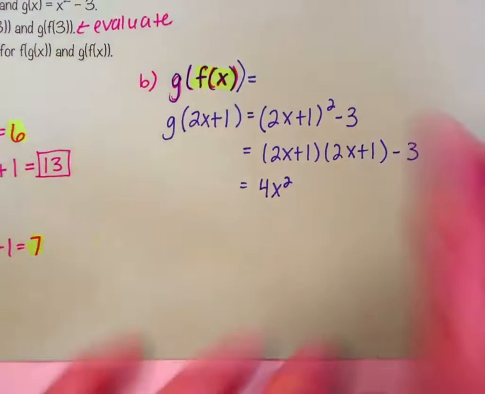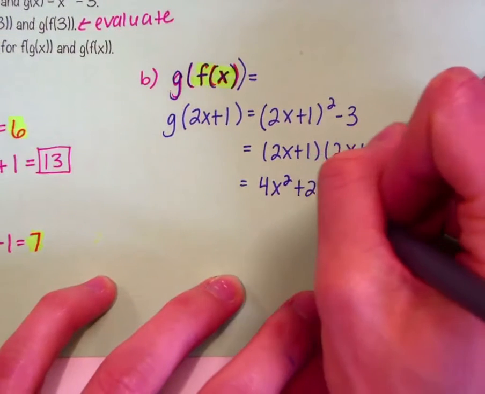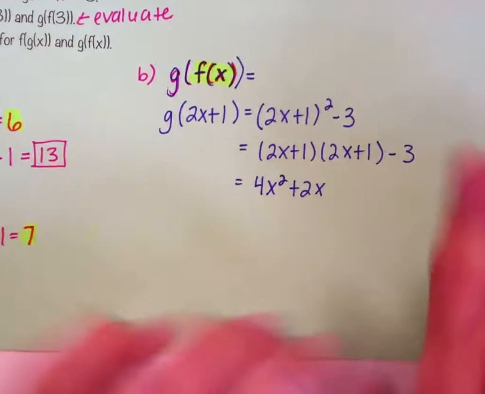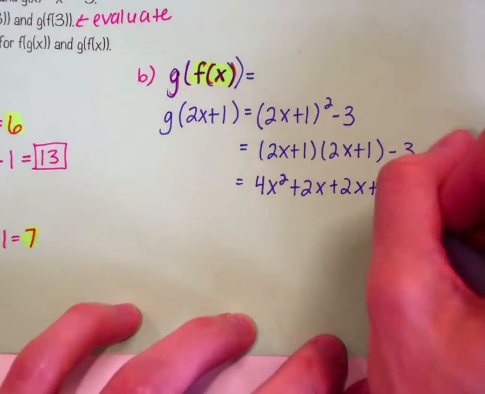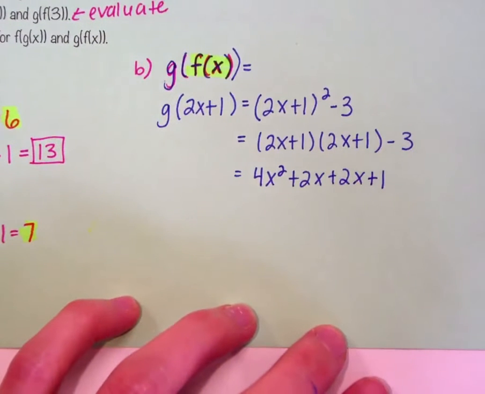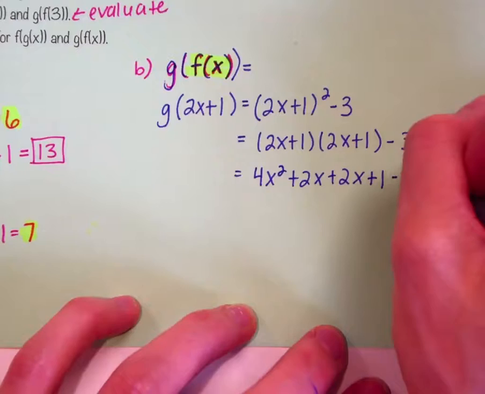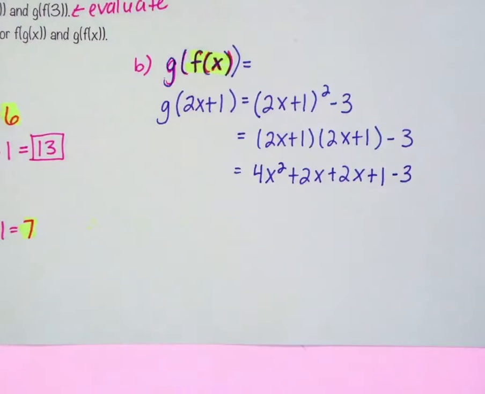That's going to be plus 2x, plus 2x again, plus 1, and then I've got that minus 3 on the outside as well.